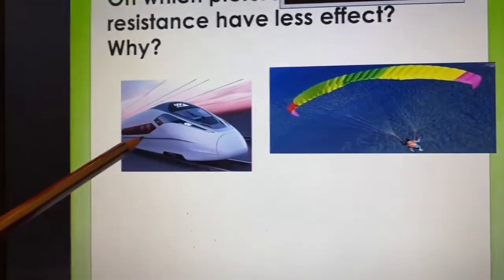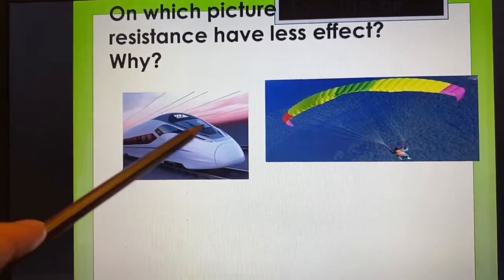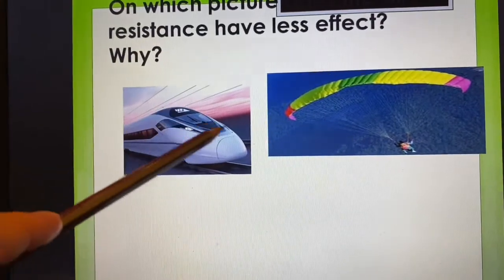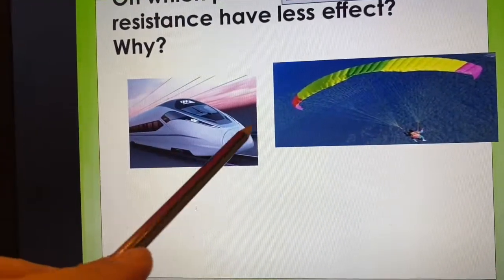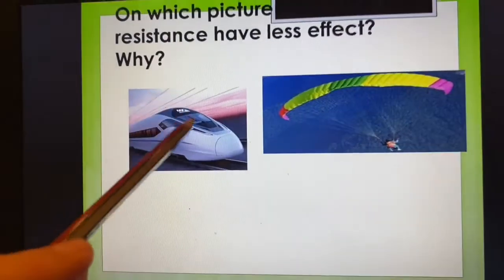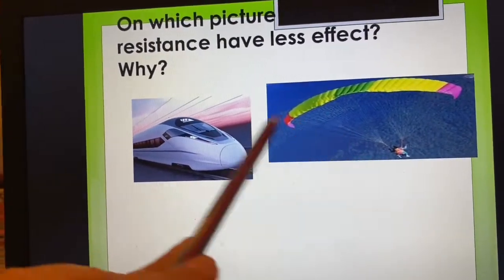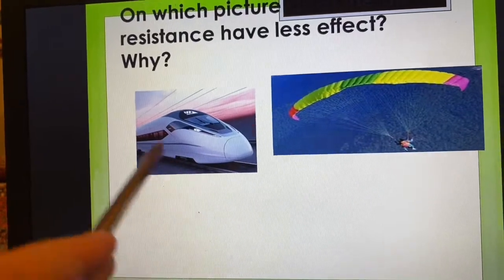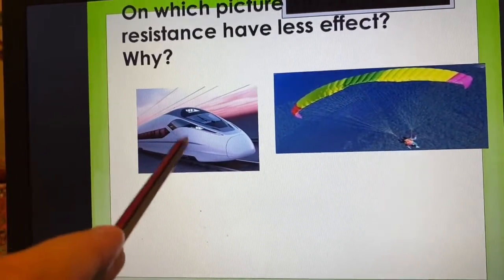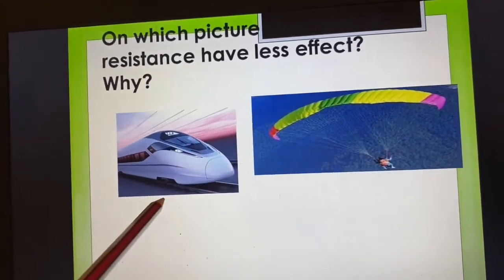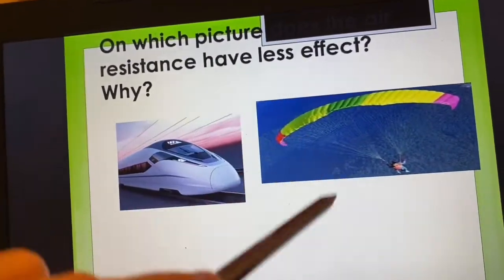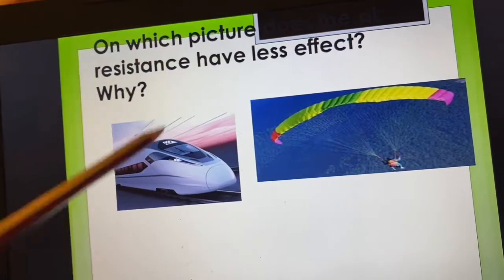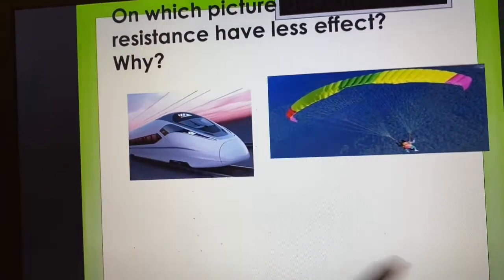While this very fast train, why does it have this smooth, round shape? Because it can move faster. يعني the shape of the object that moves in the air helps to make more or less air resistance. The shape of the parachute makes more air resistance. The shape of the train makes less air resistance.